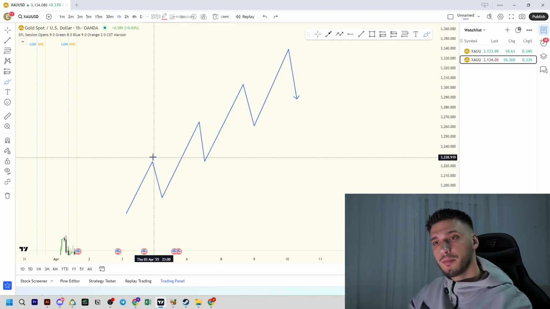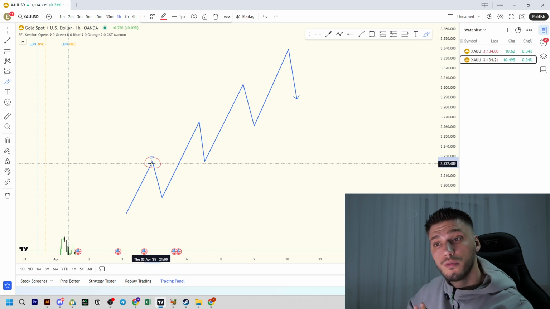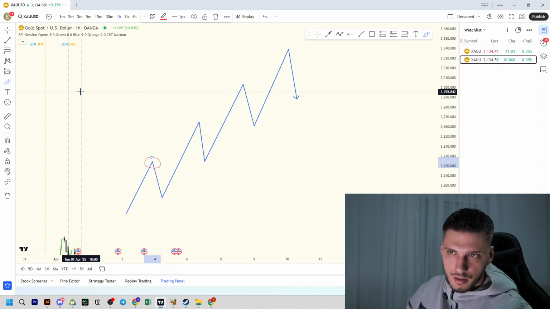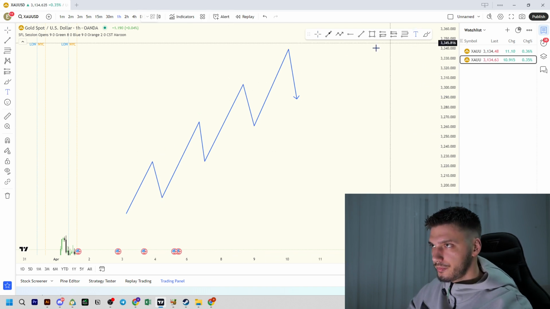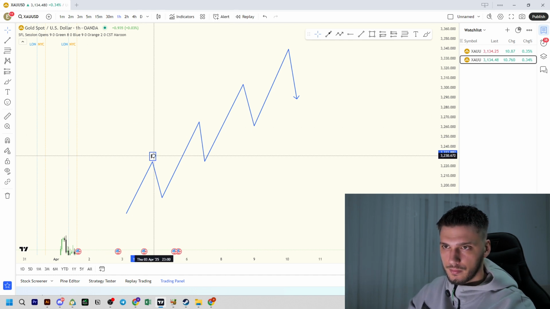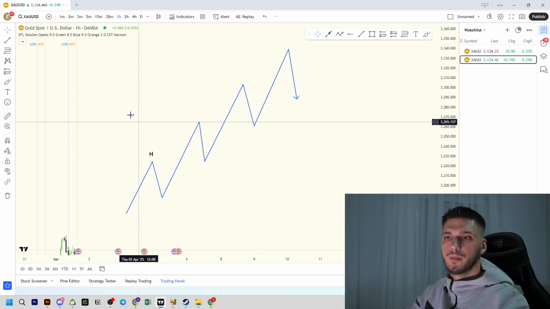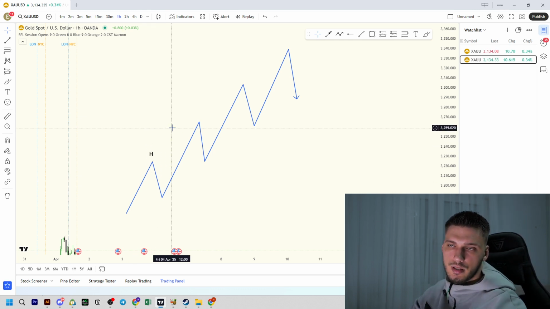Okay, so that makes this a high. Why? Again, because this was a move up and a move down. So this is a high. And now, I'm just going to put H, that represents high.